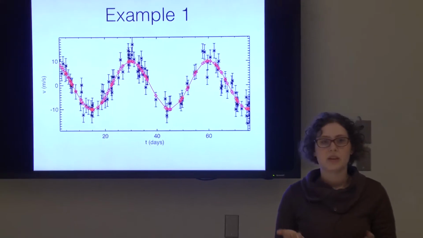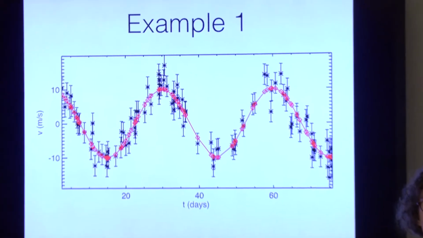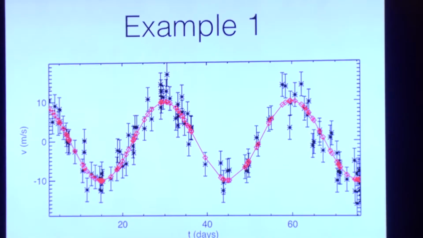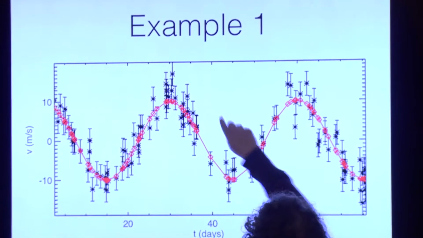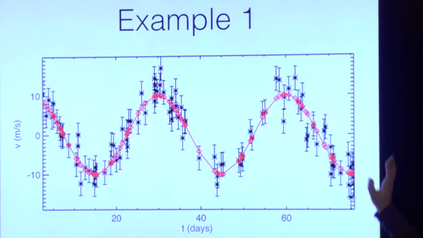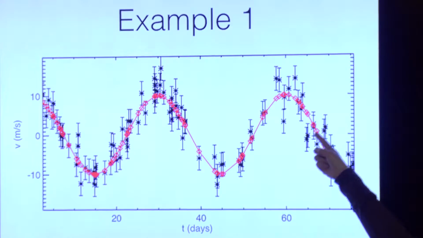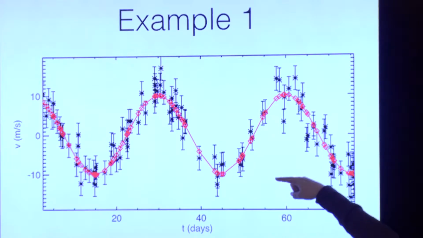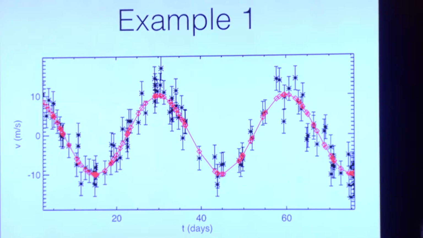This would be a radial velocity data set that Eric talked about last time. So it's a sinusoidal signal. In black is the reported data and uncertainties, and in red is the model for the data that we're trying to fit. What model did we fit here?